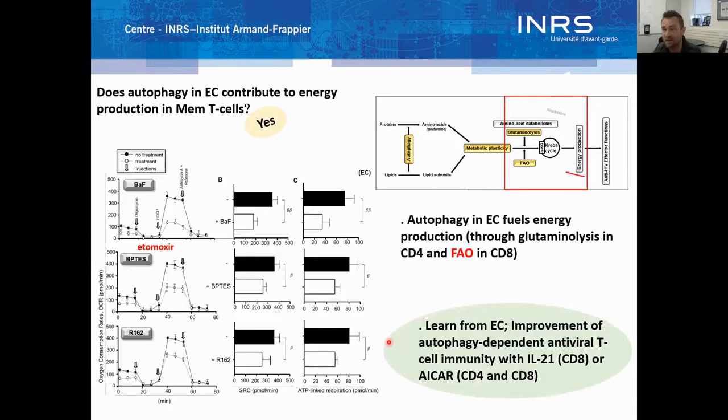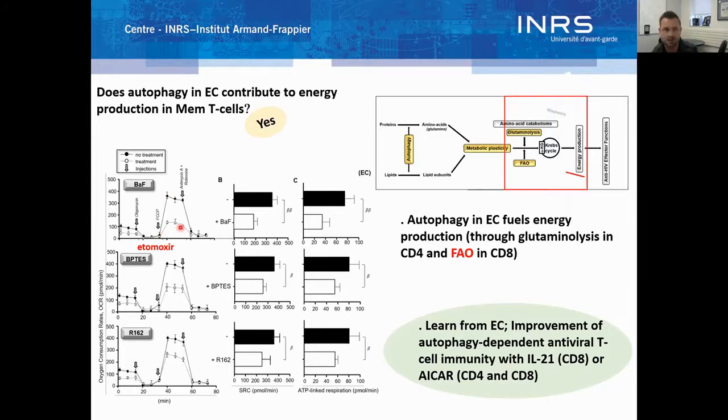So once again, I am not going to show you all the data, but what you can see here on the left are the data generated with memory CD4 T cells activated 6 hours in elite controllers. And we added or not, in black it's no treatment, in white it's treatment, different inhibitors in cultures.